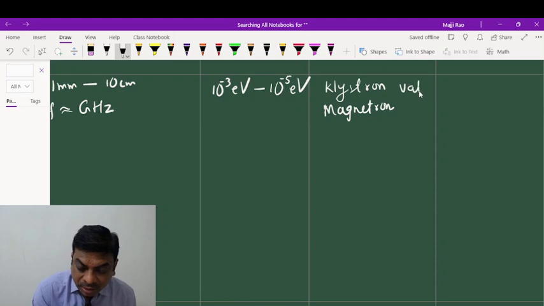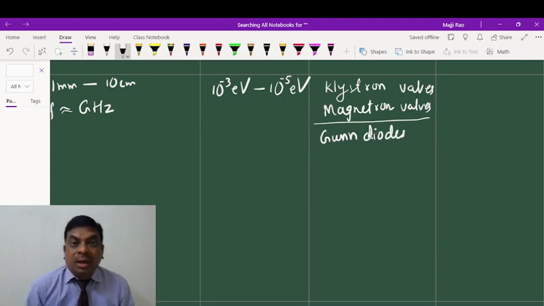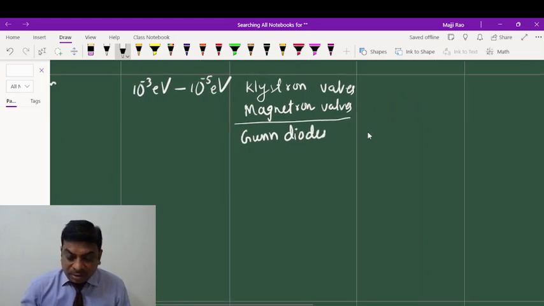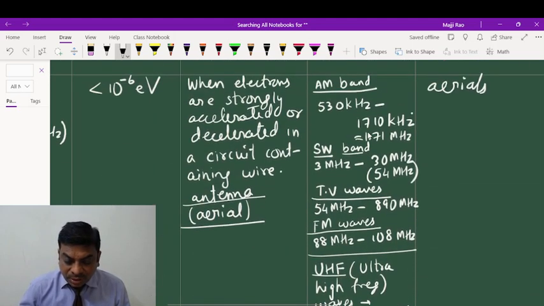These are special devices which produce what we call microwaves. And also there are certain diodes known as gun diodes. They too produce microwaves.